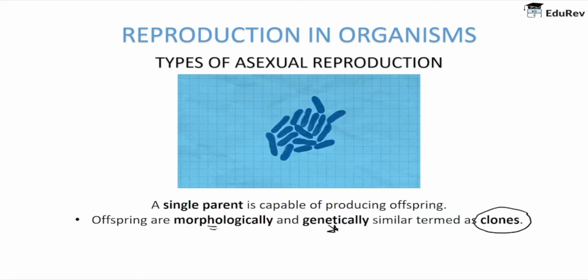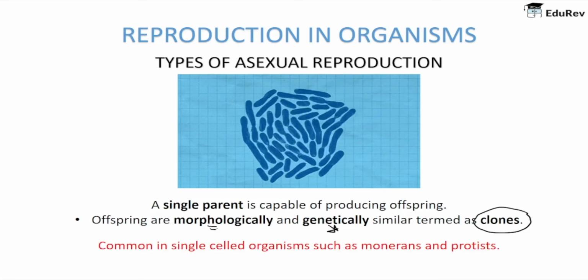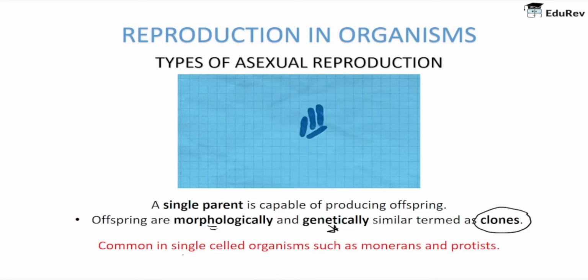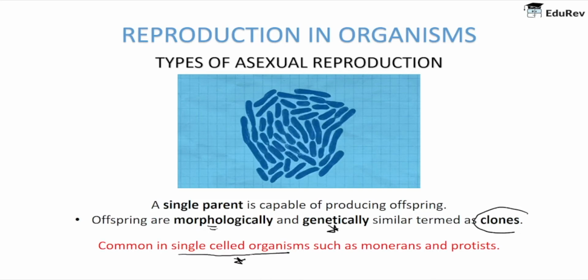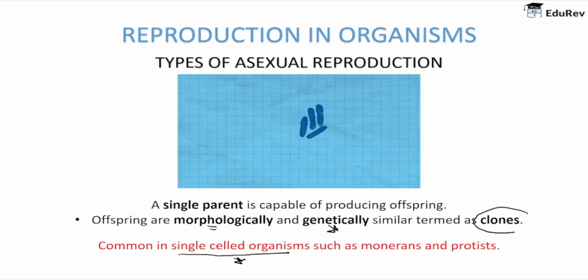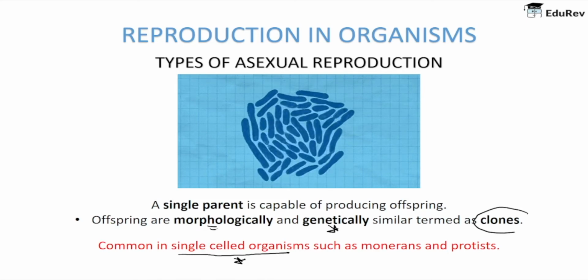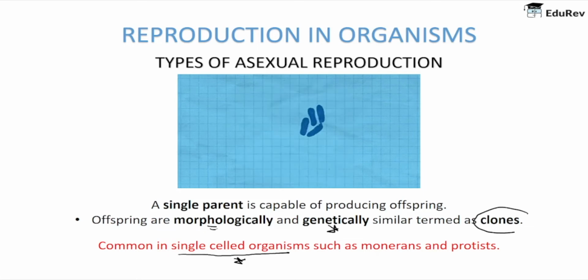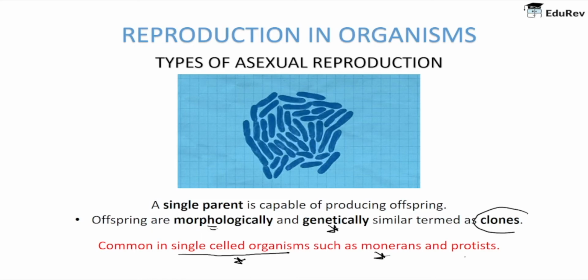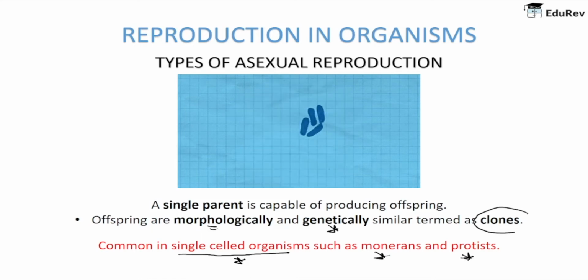Clones means the organisms which look exactly like each other. Yes? So, asexual reproduction can be commonly seen in single-celled organisms. Now look at this term, single-celled organism, because this is the unique property when it comes to asexual reproduction. Examples of asexual reproduction are basically the various monerans and protists because they are single-celled organisms.